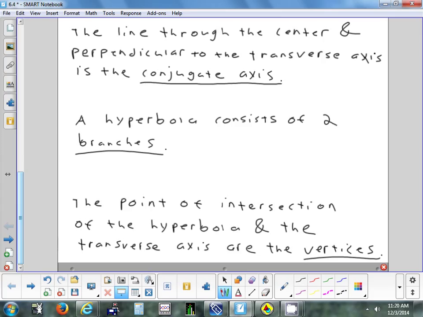Okay, and last thing to define are the vertices. Well, if you look at where the transverse axis hits the hyperbola, those are your vertices. There's your branches. Let's say there's your transverse axis. Two vertices are right there.